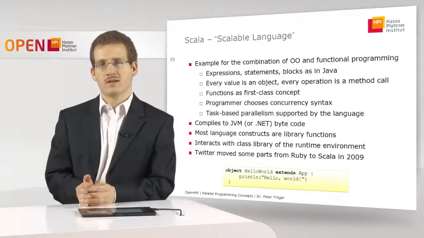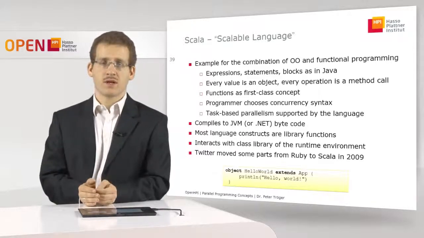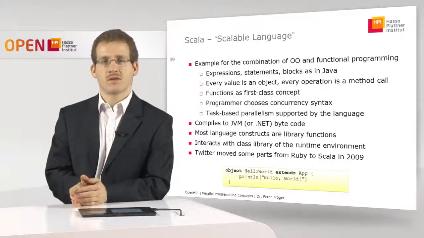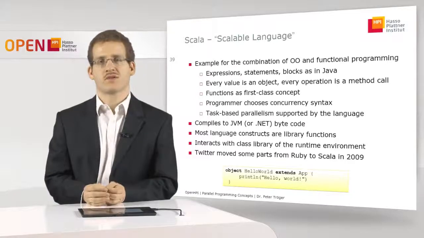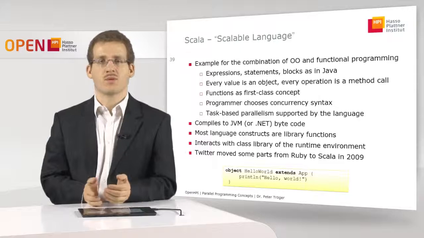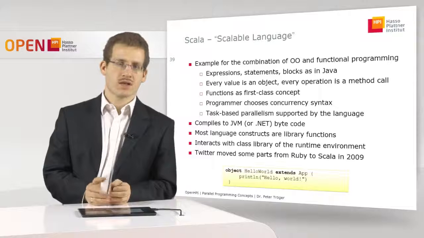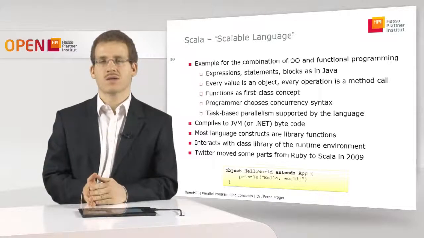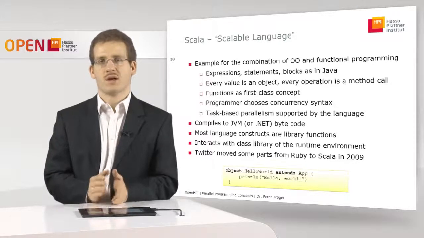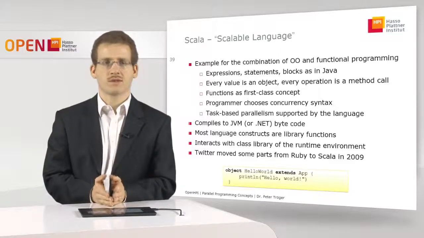The Scala compiler will take your code and compile it to Java Virtual Machine bytecode or .NET bytecode. So whatever you produce in Scala can then run on a classical Java runtime or .NET runtime, which is also an advantage if we talk about developing parallel programs for business cases. Most language constructs in Scala are library functions. They can be overloaded. This is also done in reality, so a lot is going on in Scala development with respect to new concurrency primitives and new communication paradigms for shared nothing systems.